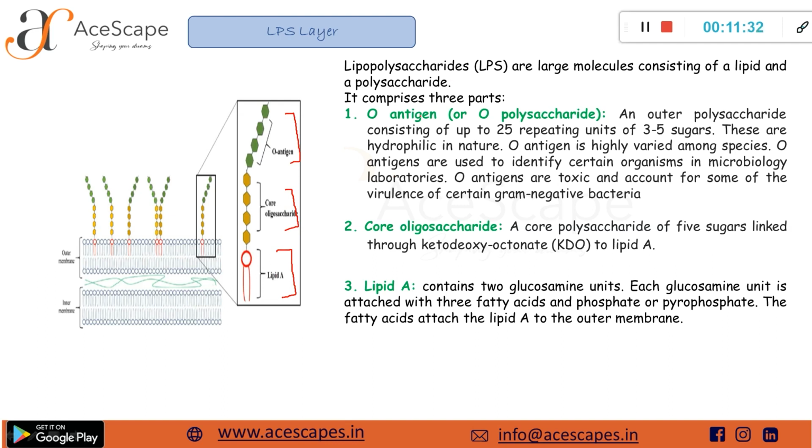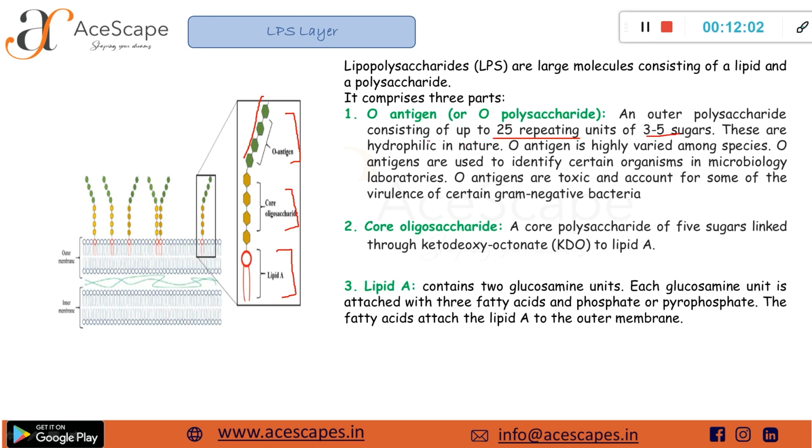So the O antigen, or O polysaccharide, what is it? It is an outer polysaccharide consisting of 25 repeating units of 3 to 5 sugars. These are hydrophilic in nature. The O antigen is highly varied among species, so different bacterial species have different types of O antigens.